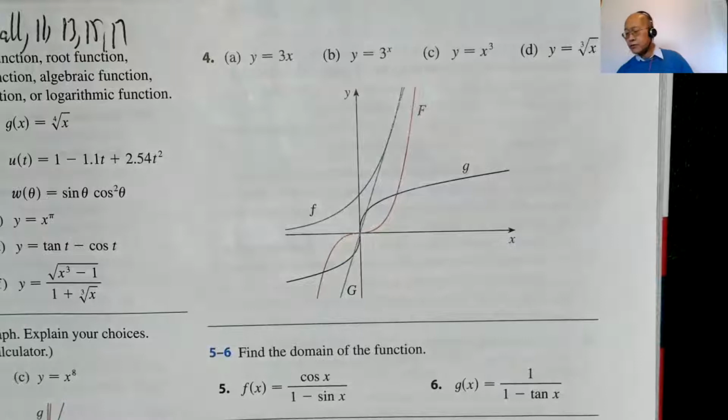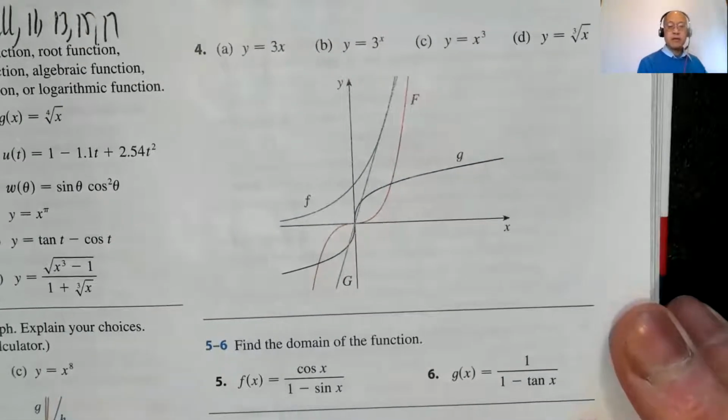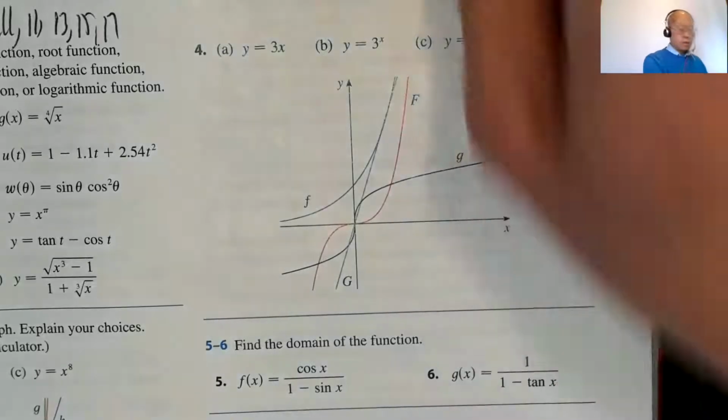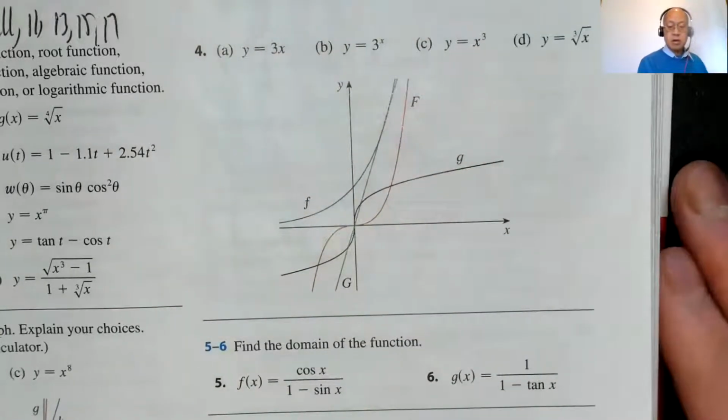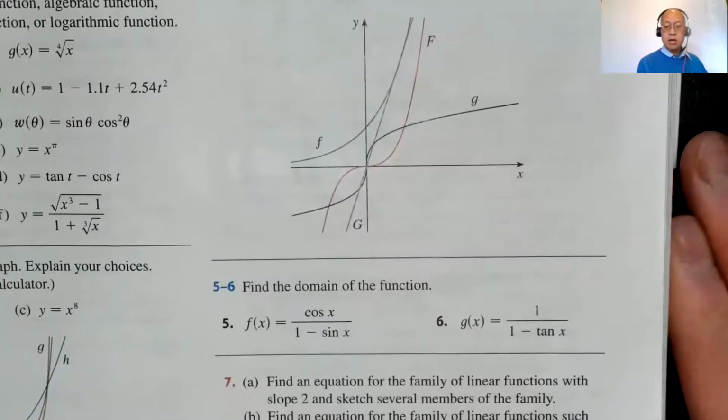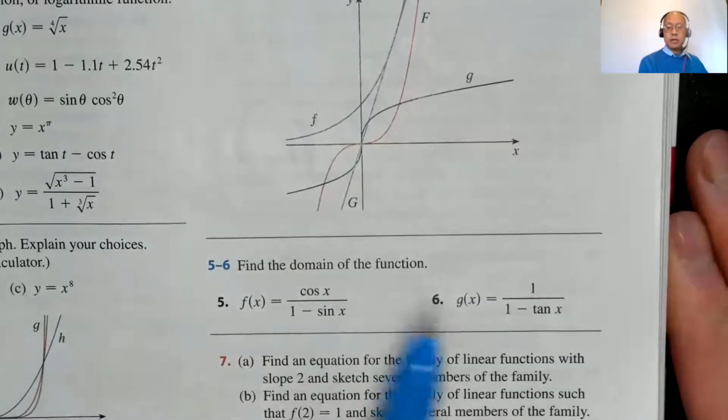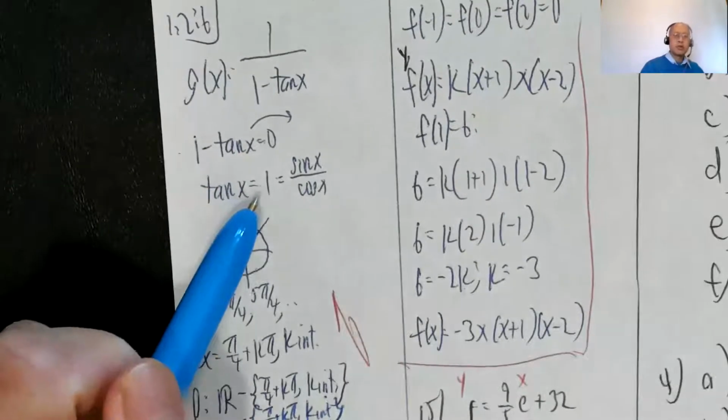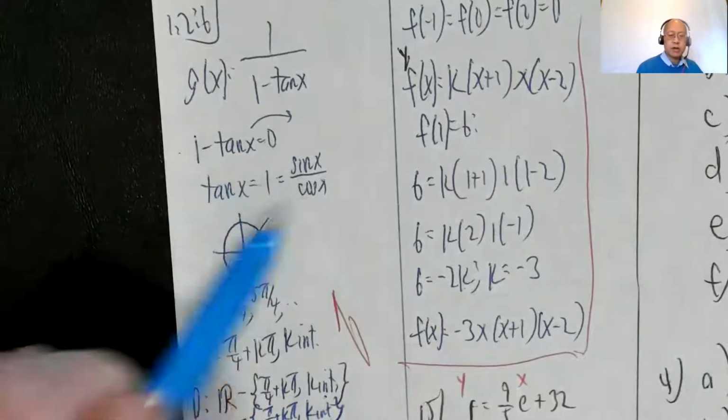We have some questions involving domain. Okay, find a domain of something like that. I'll do number 6, 1 over 1 minus tangent x. Well, that 1 over 1 minus tangent x cannot equal 0. So first I solve tan x equals 1, which is the same as sine x over cosine x.